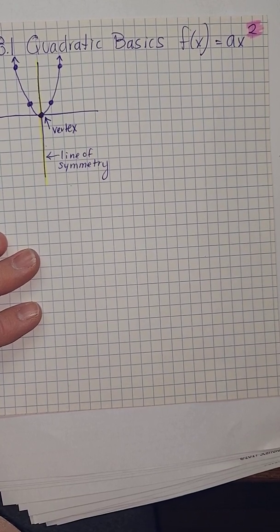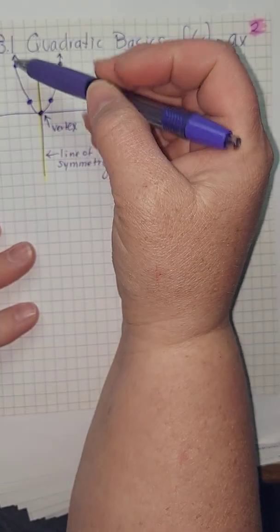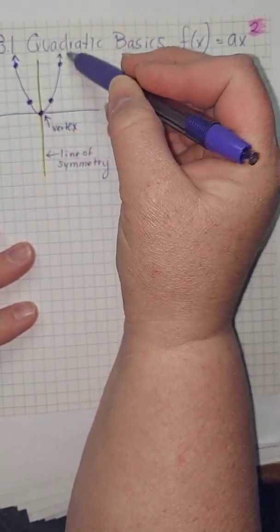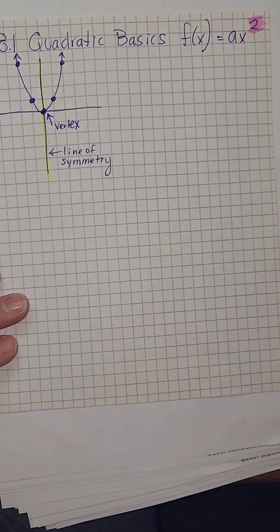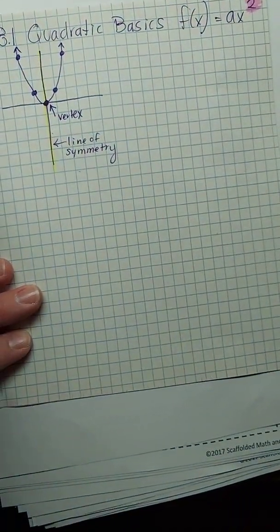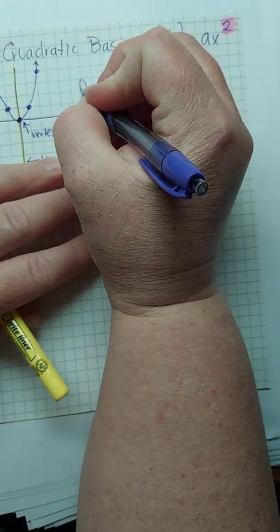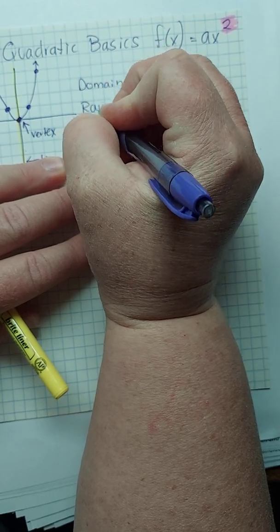And notice when we talk about the behavior of the graph, both of them either point up or both of them will point down. Questions?